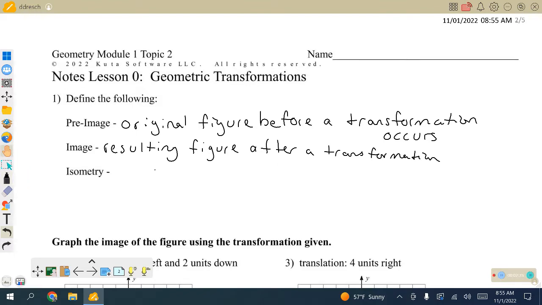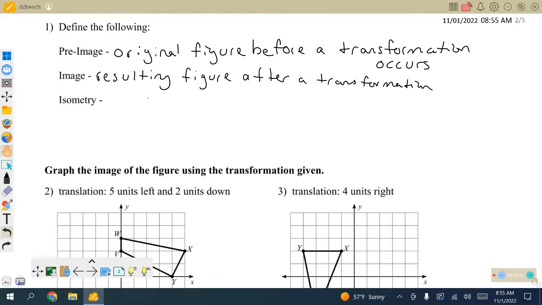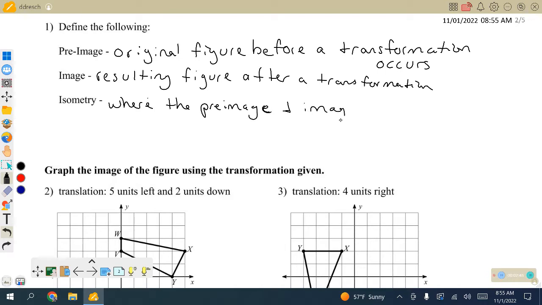All right, so let's take a look here. What is an isometry? An isometry is where the pre-image and image are congruent after a transformation.